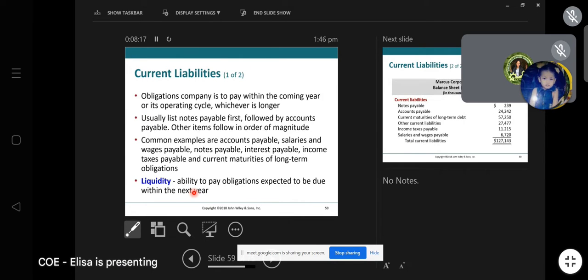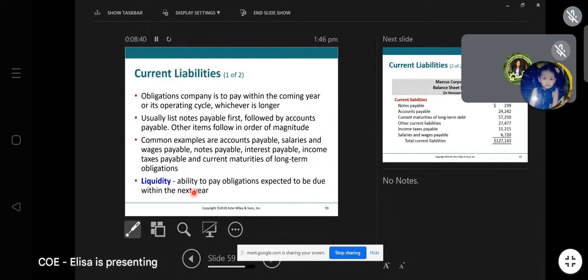And then current liabilities: these are obligations the company is to pay within the coming year or its operating cycle, whichever is longer. It is very important to identify current liabilities because when we have current assets, we also need to identify our current liabilities.